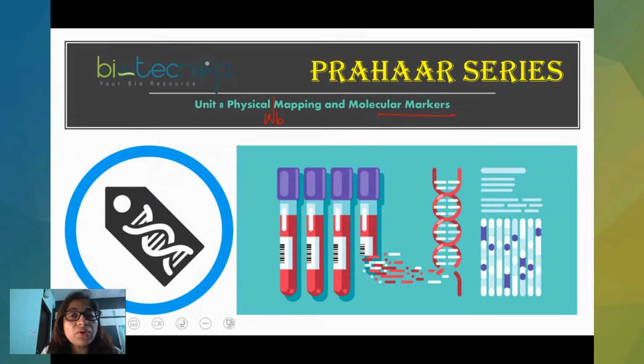That is what we call molecular markers. So RFLP, RAPD, AFLP, these are all molecular markers. Now, with the help of molecular markers, when we do the mapping, we get the idea that with respect to that marker, how far our particular gene is present in the genome.